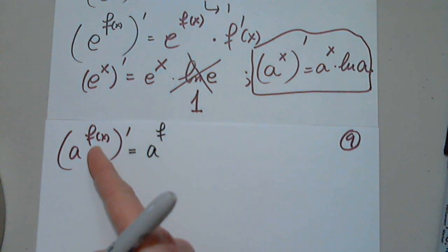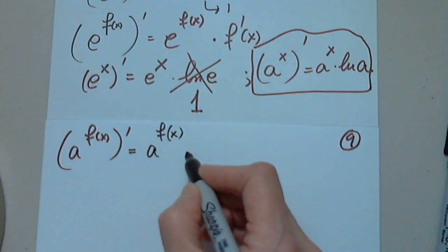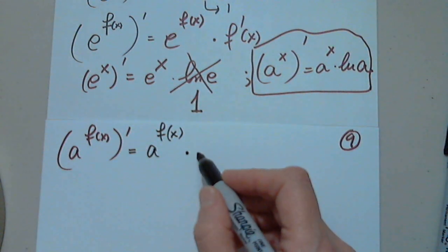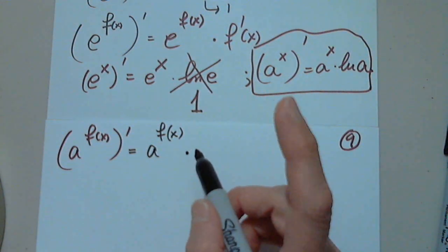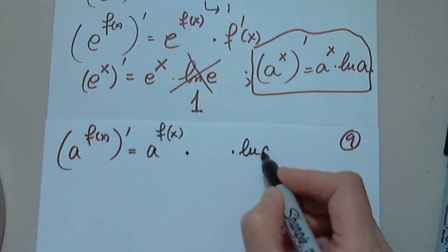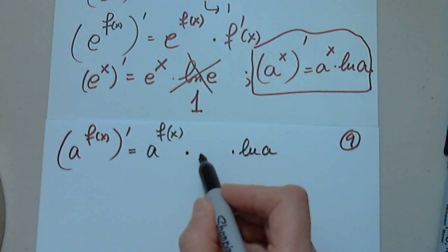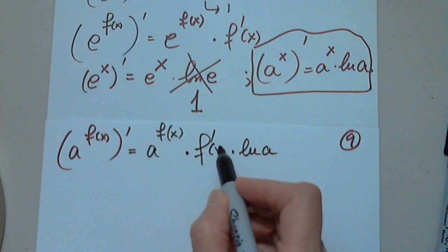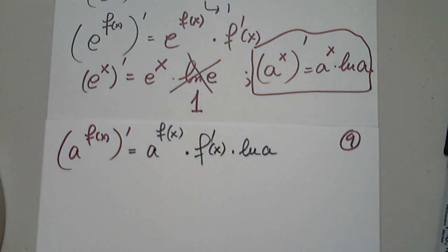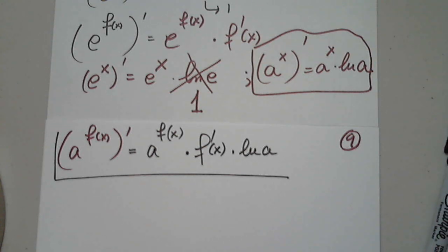Careful. A to the f of x times natural log a? Not yet. F prime. Yes. Awesome. So now we can answer any question. Let me go back and share my screen. We can answer any question, including the ones with a base that is not e.